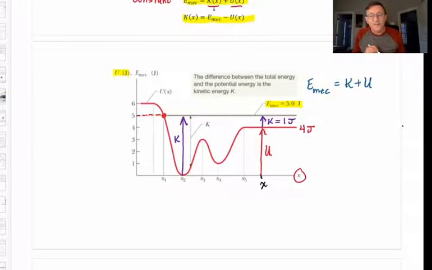Because if you are to the left of x1, your potential energy is more than 5 joules, but your mechanical energy is 5 joules. So to make that all come out right, you'd have to have negative kinetic energy. But the kinetic energy formula, 1/2 mv squared, can never be negative. So in this case, you will never find the particle located to the left of x1, assuming its mechanical energy is 5 joules. That region is said to be classically forbidden.